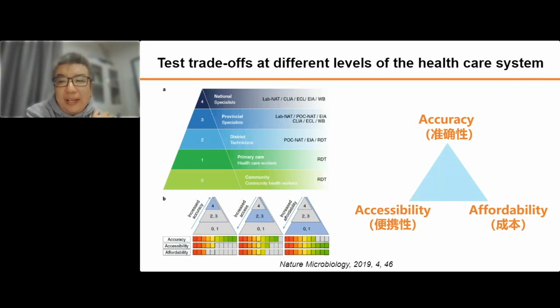So there are always trade-offs at the different levels of healthcare systems. Essentially, there is a balance among the assay accuracy, the accessibility, as well as the affordability.